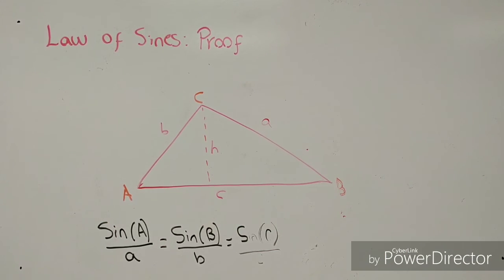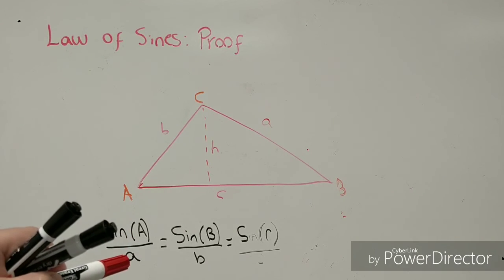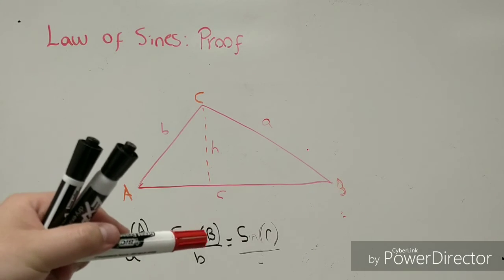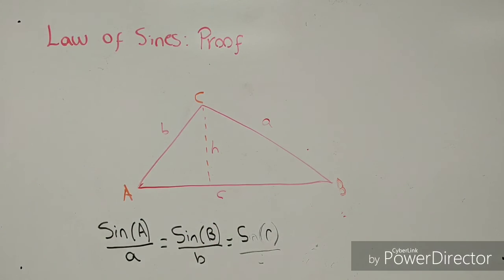And that's going to take us to our final results, which is the law of sines. So the sine of the angle A divided into a is equal to sine of B divided into b, and that's going to be equal to the sine of C divided into c.